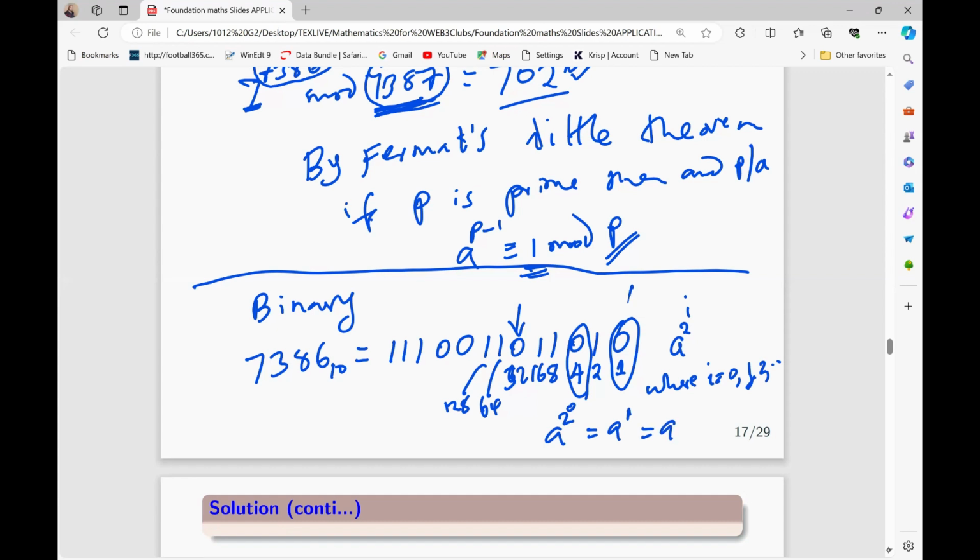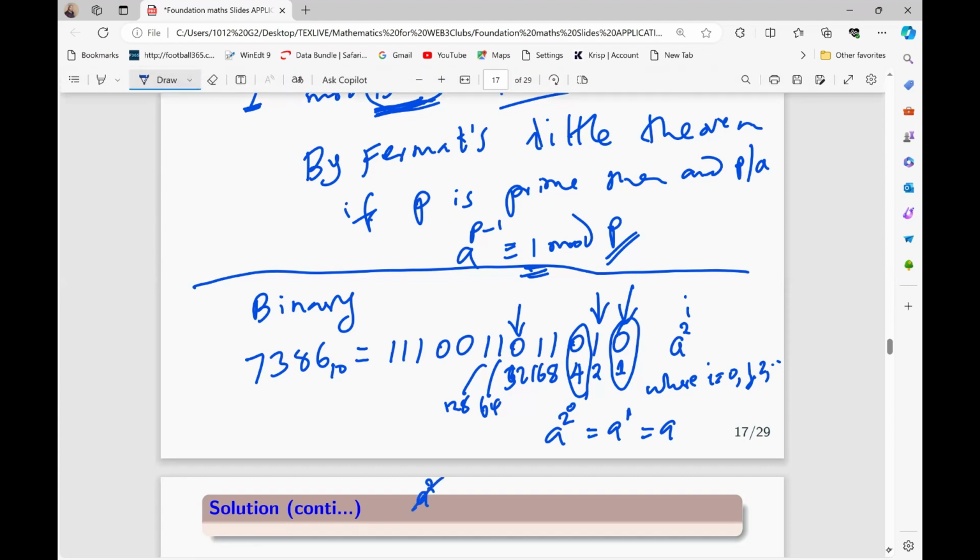But that one was not used. What we used was when i is 1.